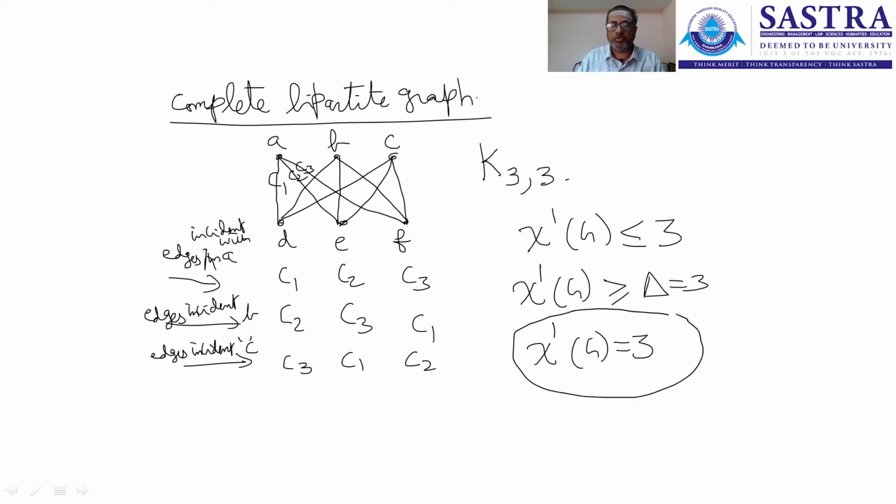This is for the complete bipartite graph K33. Now let me generalize this result. What is chi dash of K m comma n?